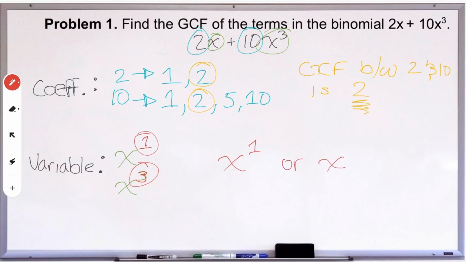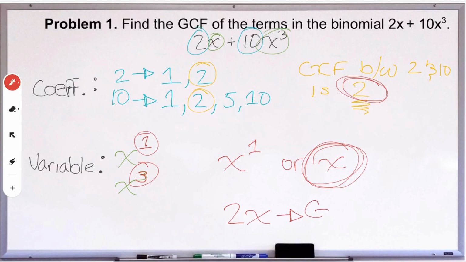Now what you want to do is take this 2 and this x, multiply them together, and you will have the term 2x. So this is our greatest common factor between the terms of our binomial 2x plus 10x cubed.